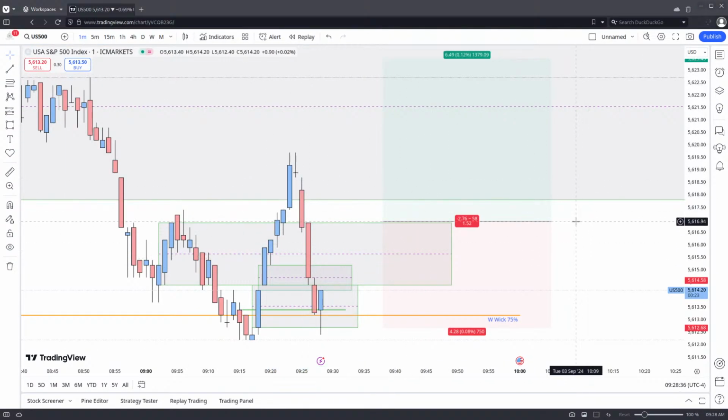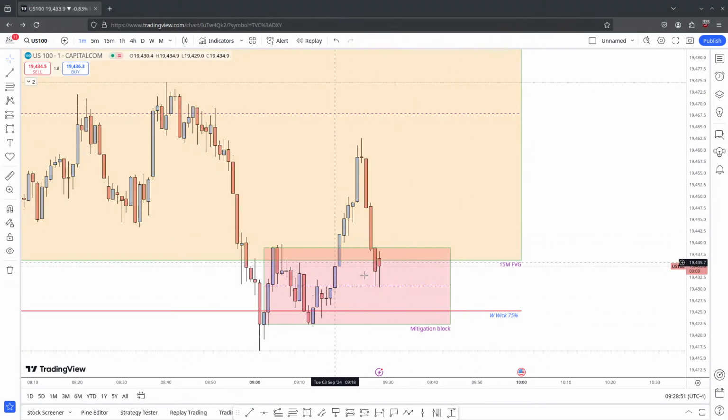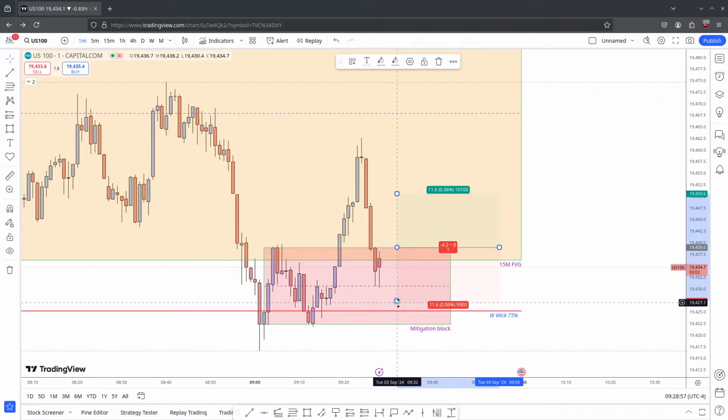There you go. Now you can see what I'm actually talking about. We're inside that lower fair value gap, and it's not looking like a breaker block entry anymore. But on NQ, that mitigation is looking promising. That mitigation block, let's see what a long would look like in here.